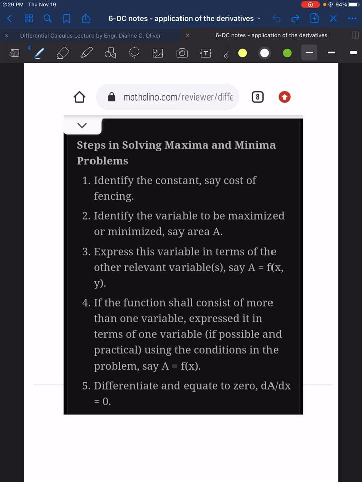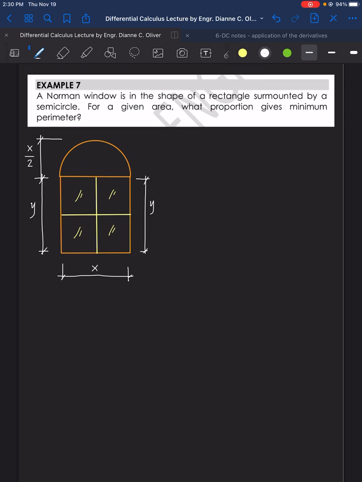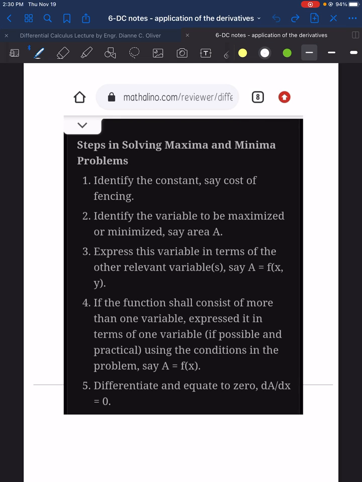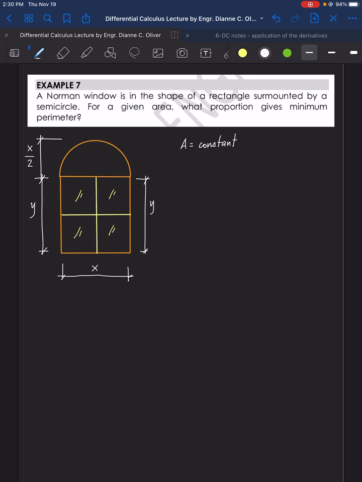First step, identify the constant. What is the constant in the problem? It says, for a given area. Therefore, area is constant. Next, identify the variable to be maximized or minimized. What variable?